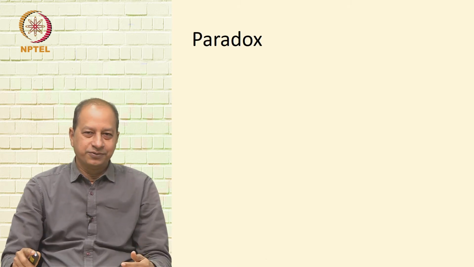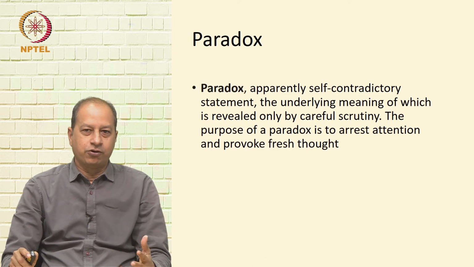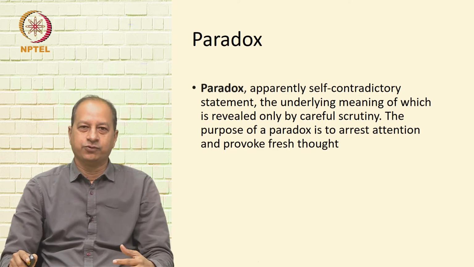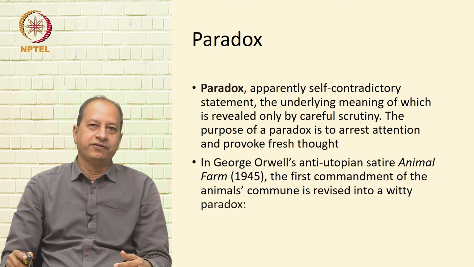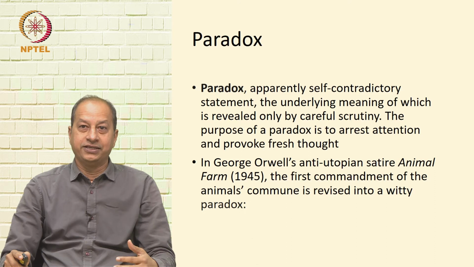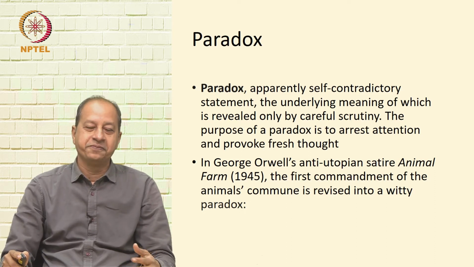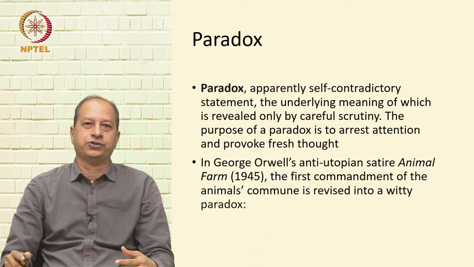That brings us to paradox. So quickly, paradox, we have already discussed what paradox is all about. And this is an example taken from George Orwell, his anti-utopian satire, Animal Farm. You might have read this short novel or novella.